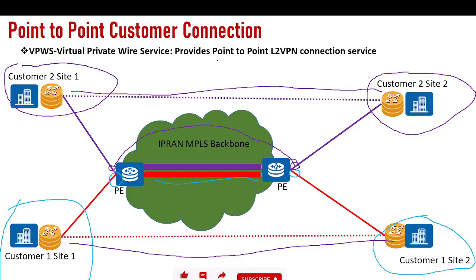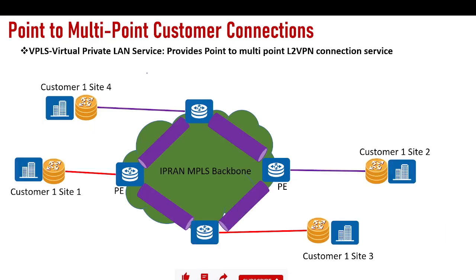So the VPWS, the virtual private wire service, is used to provide point-to-point layer 2 connection service. This is what we normally use to deploy services for customers that require only point-to-point connections through our service provider networks. And again, sometimes we have point-to-multi-point connections.